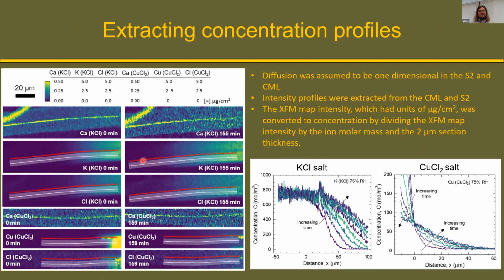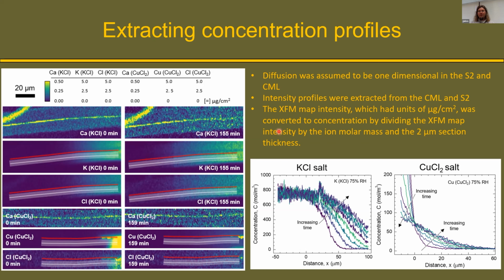And then we also did these experiments using potassium chloride. And then from these XFM images, we would trace the compound middle lamella in the calcium maps, because the calcium in this case was a naturally occurring element that highlighted the different cell wall layers, and then we could transfer those lines to the ions of interest that we're diffusing, and we were able to extract intensity profiles from both the compound middle lamella as well as the secondary cell wall.